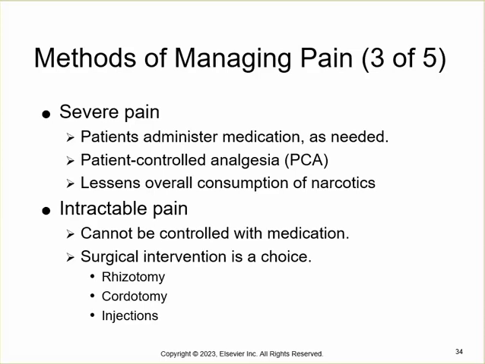Sometimes pain can't be controlled with medication, and so literally they go in and they cut those nerves, and they can do surgery. You can do injections that deaden the nerves. So that would be things like even Novocaine temporarily.